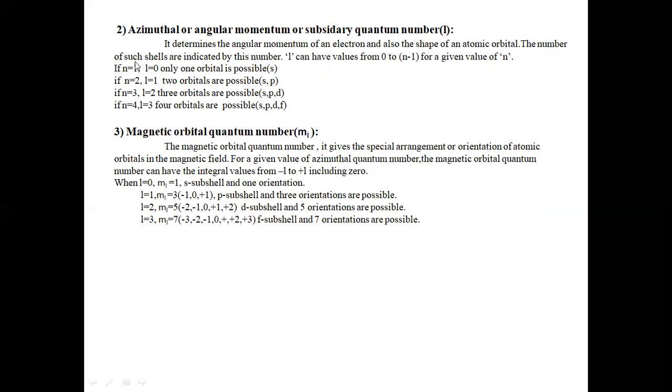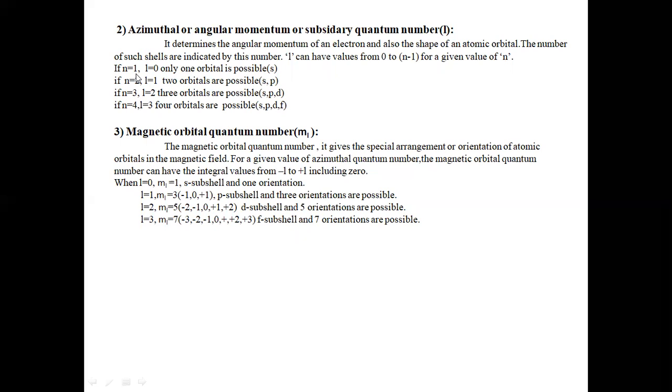The subshells are indicated by the azimuthal quantum number, and l can have values from 0 to n minus 1 for a given value of n, the principal quantum number.